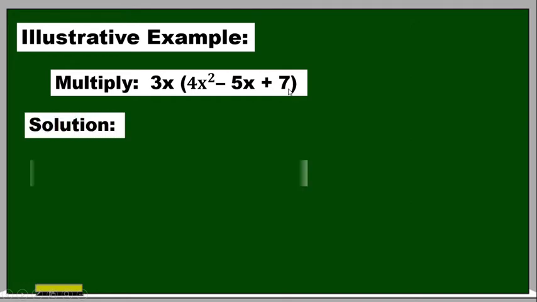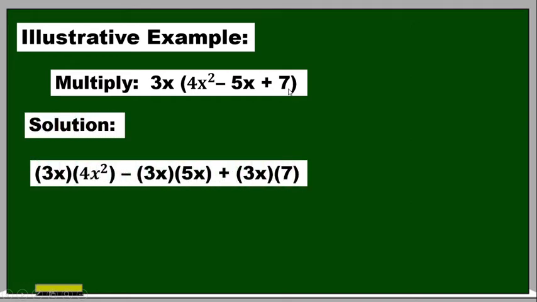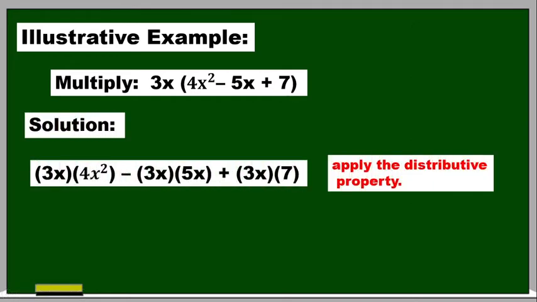Okay? So for your solution, you are going to apply the distributive property. So 3x is multiplied by 4x squared, the first term, minus, okay, minus 3x multiplied by 5x plus 3x multiplied by 7.